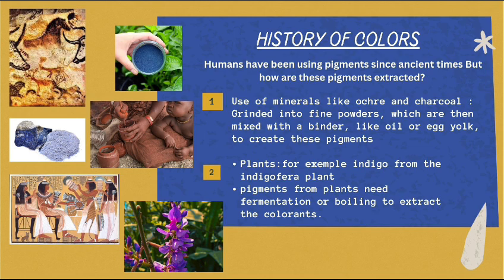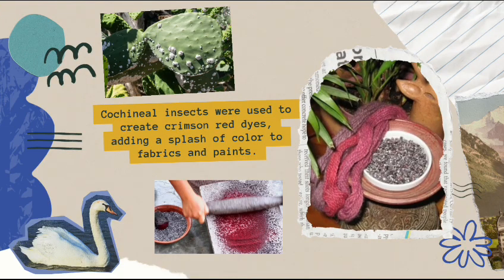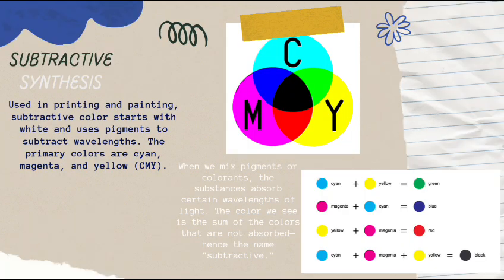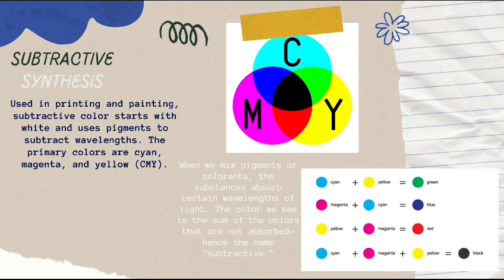And pigments from plants need fermentation or boiling to extract the colorants. And some pigments come from animals. For example, carmine red is made from cochineal insects, which are dried, crushed, and processed to create a brilliant red dye.